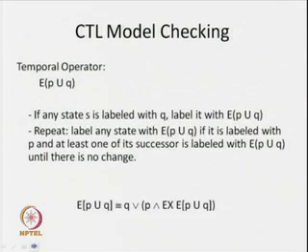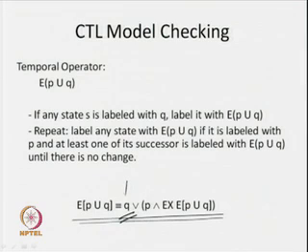Why is this possible? Because we have already seen this equivalence: EP until Q can be expressed as Q or P and there exists a path next state EP until Q. If Q is true in S, we label it with EP until Q. This is the first disjunct.